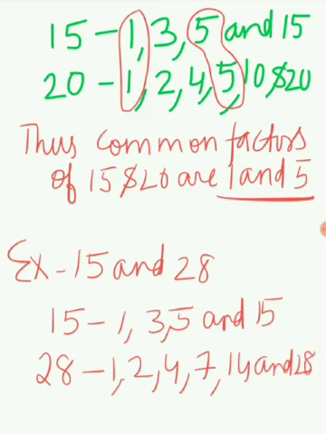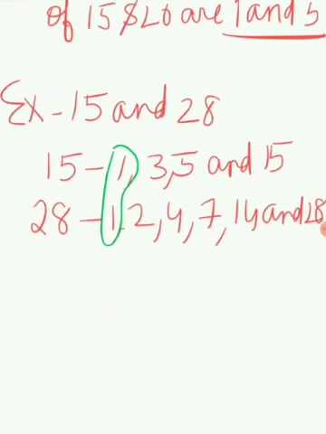Now we will see which numbers are common in these two. So 1 is always common. And a second number? No, no second number is common here. If we look, no second number is common.